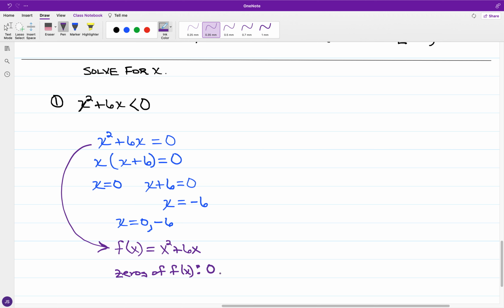So we have 0 and negative 6. Now, where the inequality is concerned, you have x squared plus 6x is less than 0. And again, x squared plus 6x represents f of x. So again, we're just going to be looking at, in table terms, where f of x is less than 0.